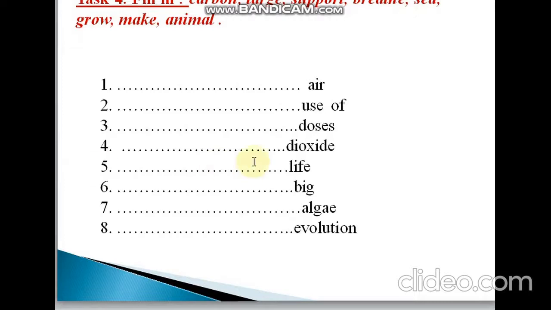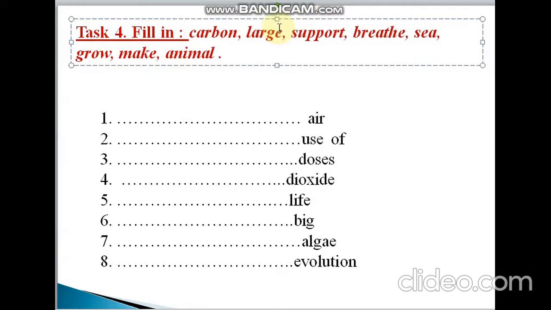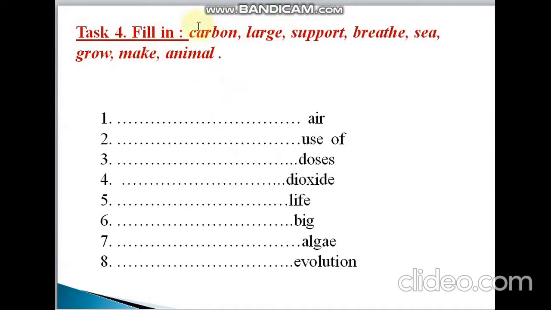Okay, next task is task 4. You will fill in the words: carbon, large, support, birds, sea, grow, make, animal.